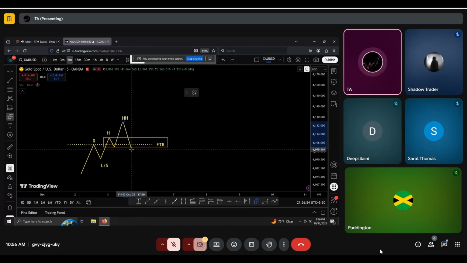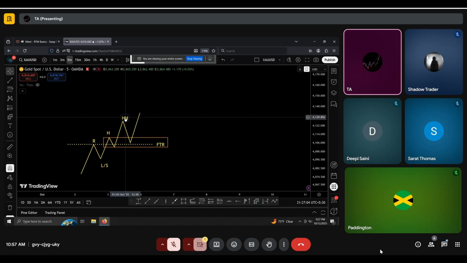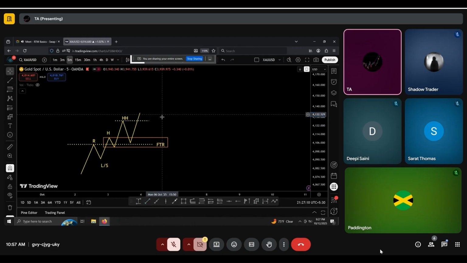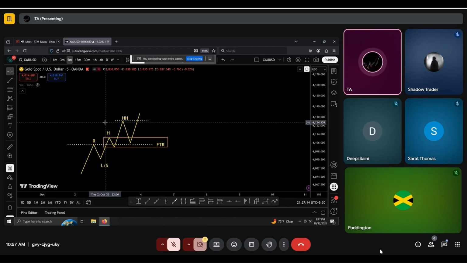If it goes below the orange box, this will not be FL. Price should come back in this zone and go up again and cross this higher high level. This higher high level must be broken, and this crossing is valid even if price crosses by 1 pip or 1 point, but it should cross.